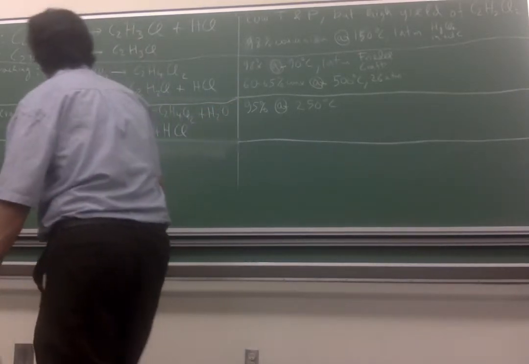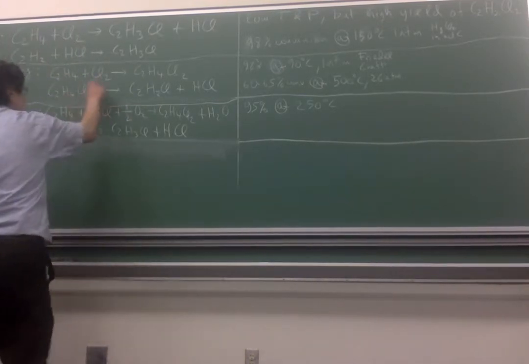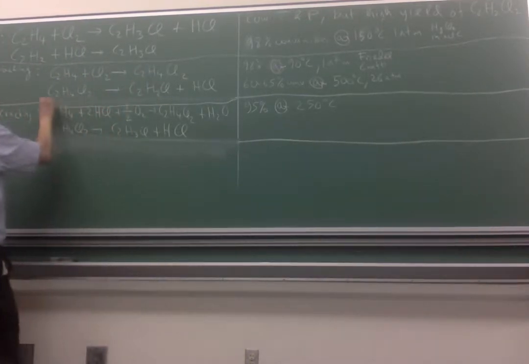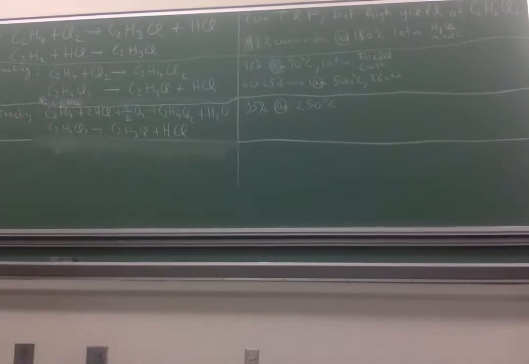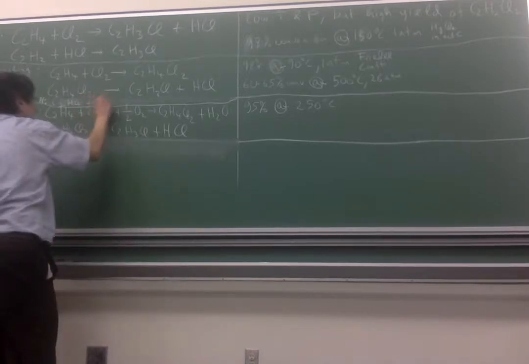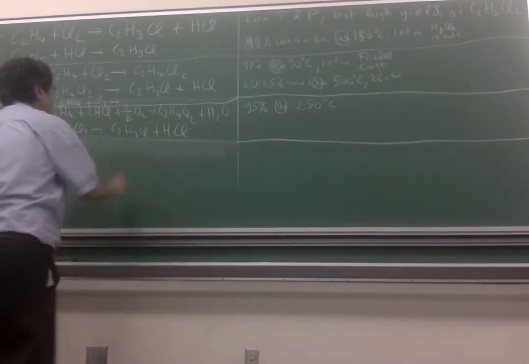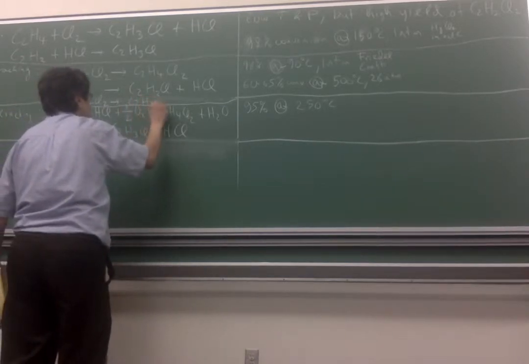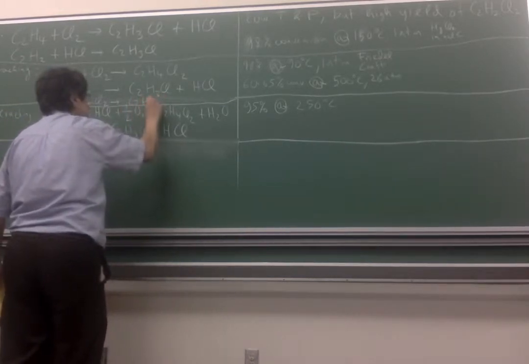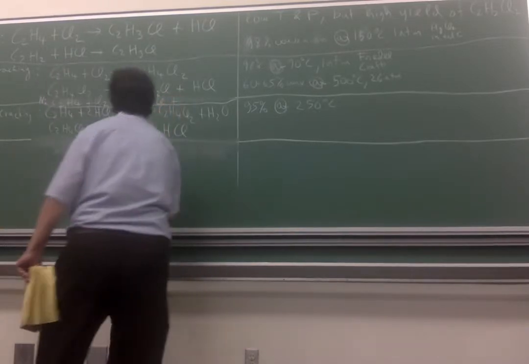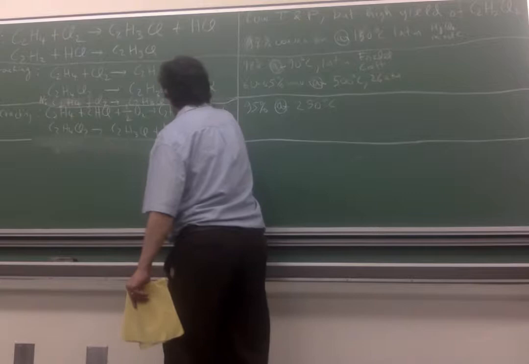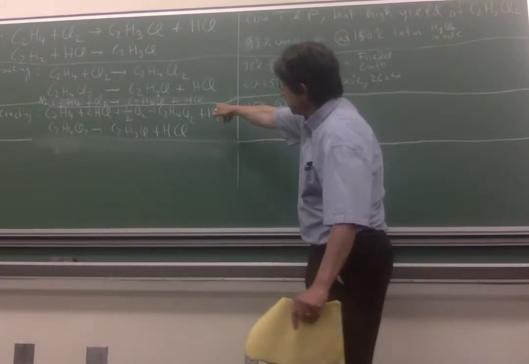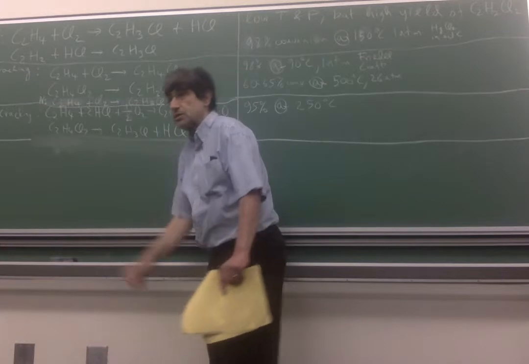The net reaction of the first cancels out, and it is ethylene plus chlorine, giving us vinyl chloride plus HCl. The net reaction of the two-step process is the same as the first one.